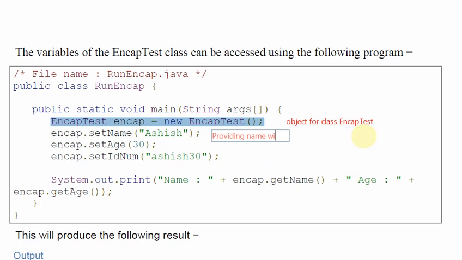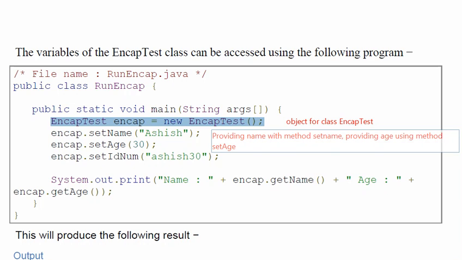In the same way, I am providing the age using the method setAge, and in the same case I am providing the ID num.